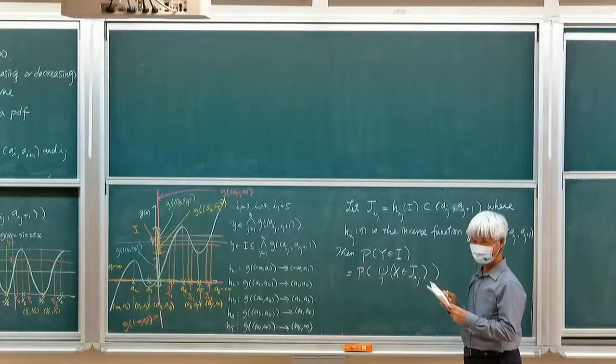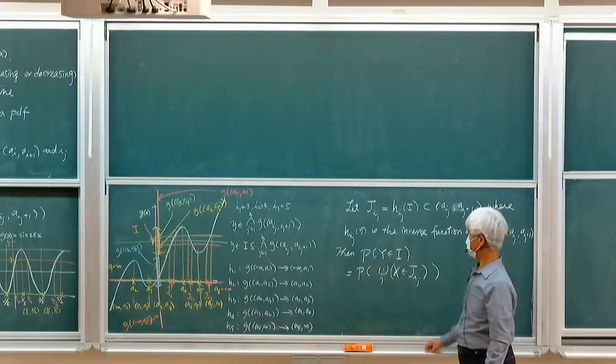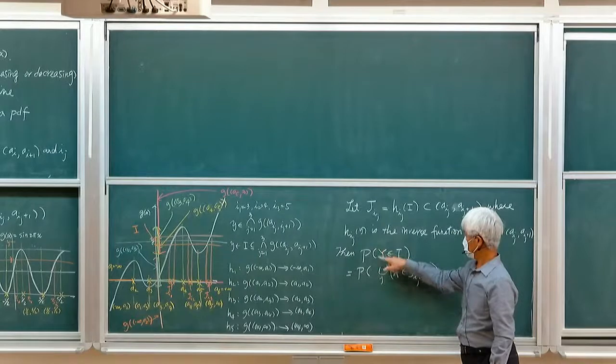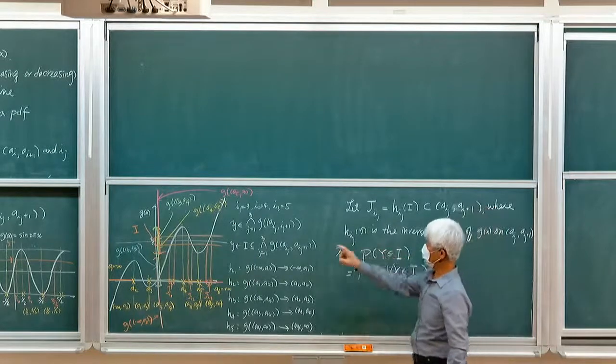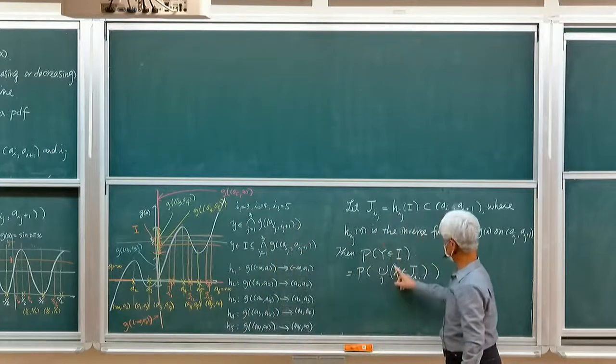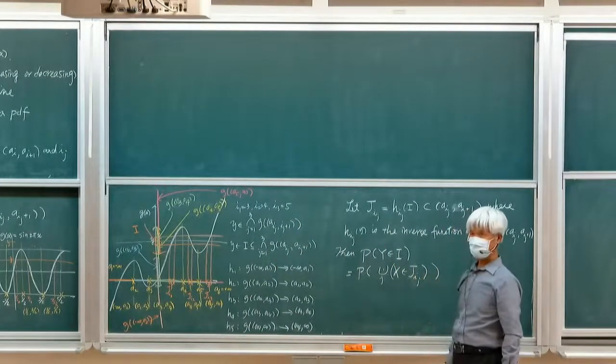Questions? Okay, so this is the non-limit condition. The random variable Y is in the range is the same as the original random variable X being in J sub I sub j.